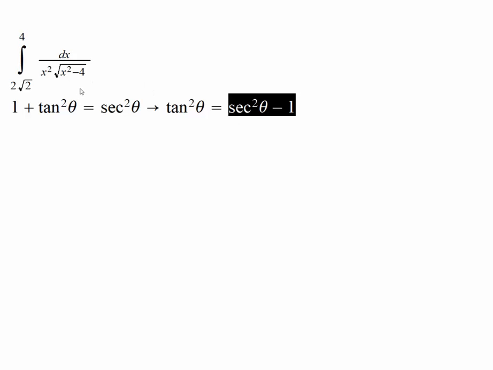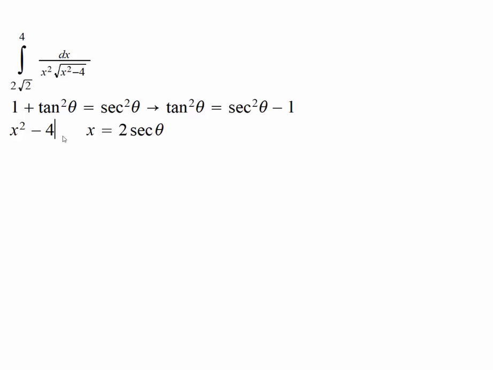All right. So for x square minus 4, to get a factor of secant square minus 1, what we may do is that we may take x equals 2 secant theta.